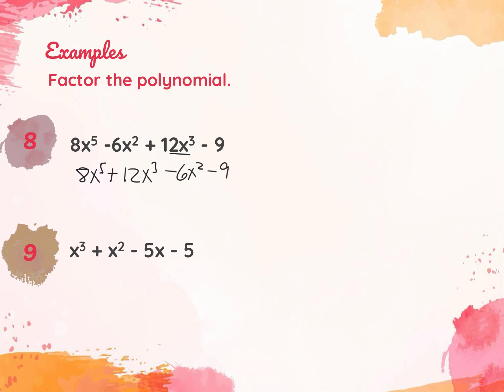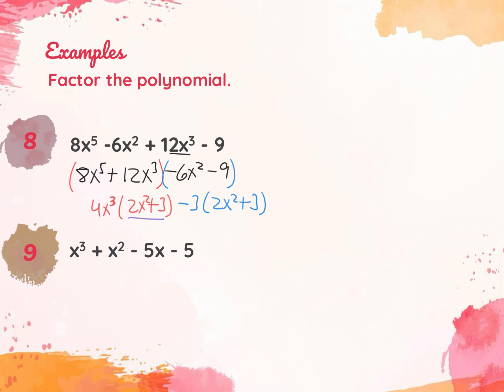Like before, I can group the first 2, and then group the second 2, and then take out a GCF. In 8x to the 5th plus 12x to the 3rd, I can take out a 4x to the 3rd, and we're left with a 2x squared plus 3. And then from our next group, it looks like we can take out a negative 3, and then we're left with, sorry, this should be a squared, a 2x squared plus 3 as well.